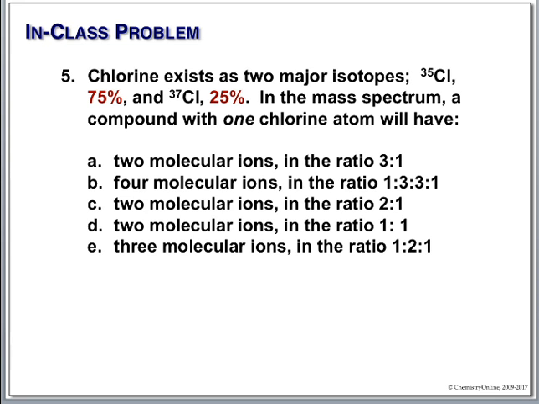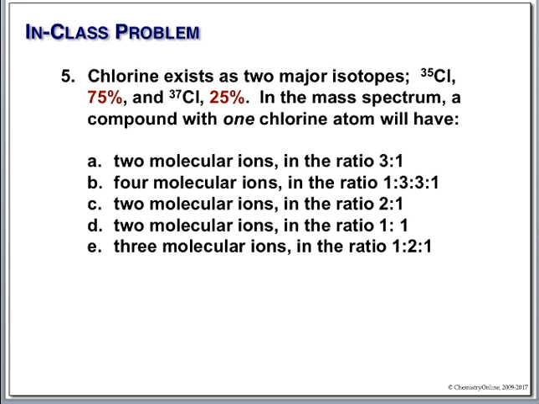Chlorine has two isotopes, 35 chlorine at about 75, 37 at 25. So this means if you have a compound containing a chlorine, it's going to have two molecular ions in the mass spec, because 75% of it will have chlorine 35 and 25% will have chlorine 37.